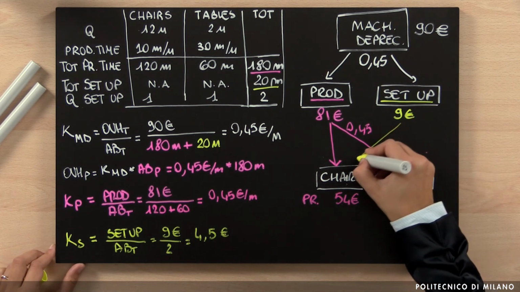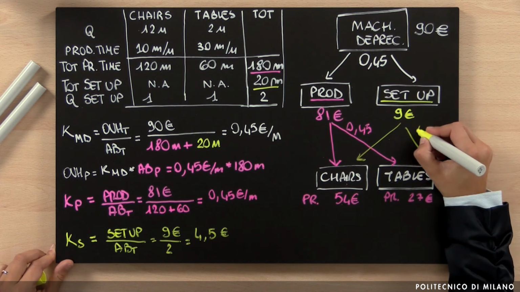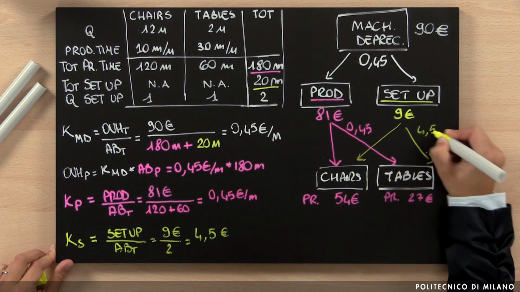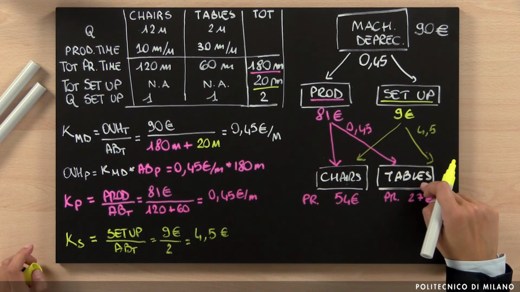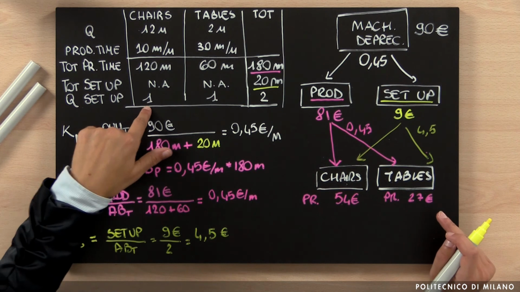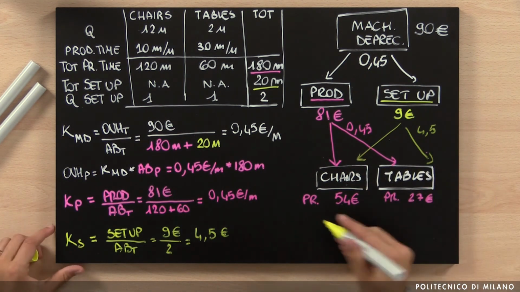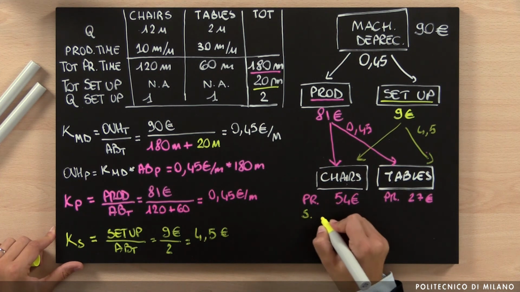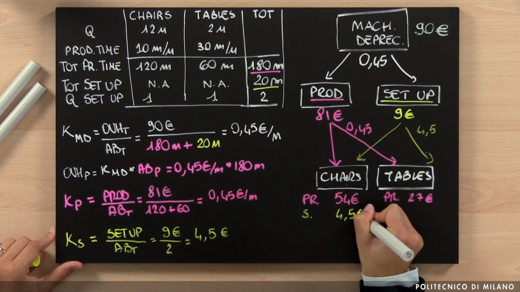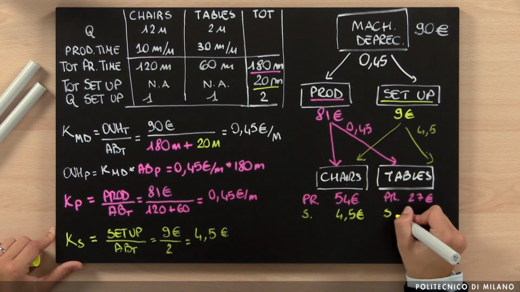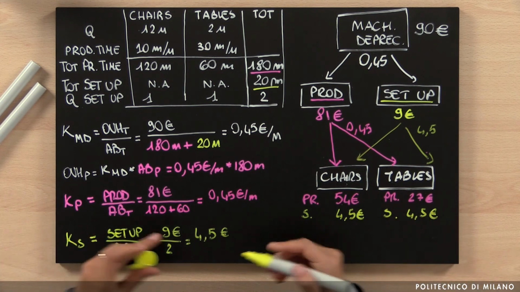Again, given this value, which is our allocation coefficient, this 4.5 euros per setup should be assigned to the two different products, chairs and tables. We can see that we have one setup for the chairs and one setup for the table, so it is just this value split between the two. So we will have that the cost of the setup for the chairs will be 4.5 euros and the cost of the setup for the tables will be again 4.5 euros.